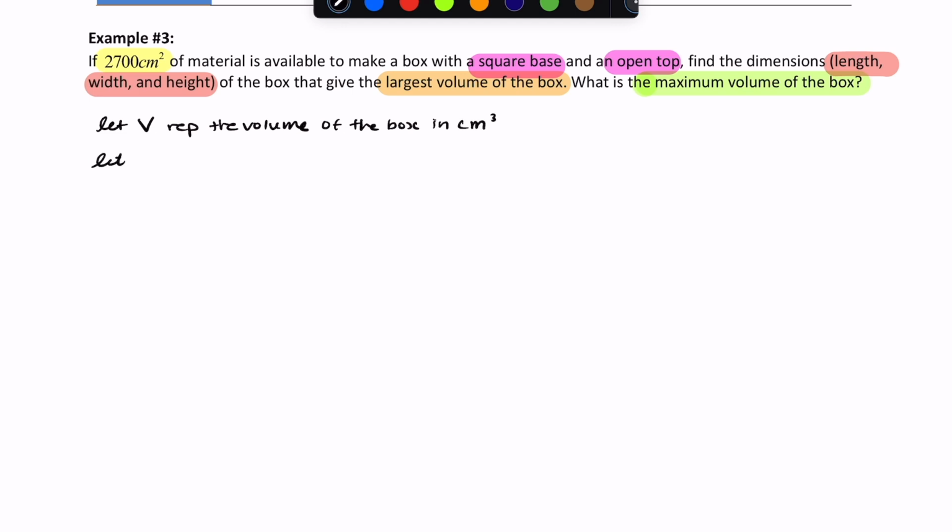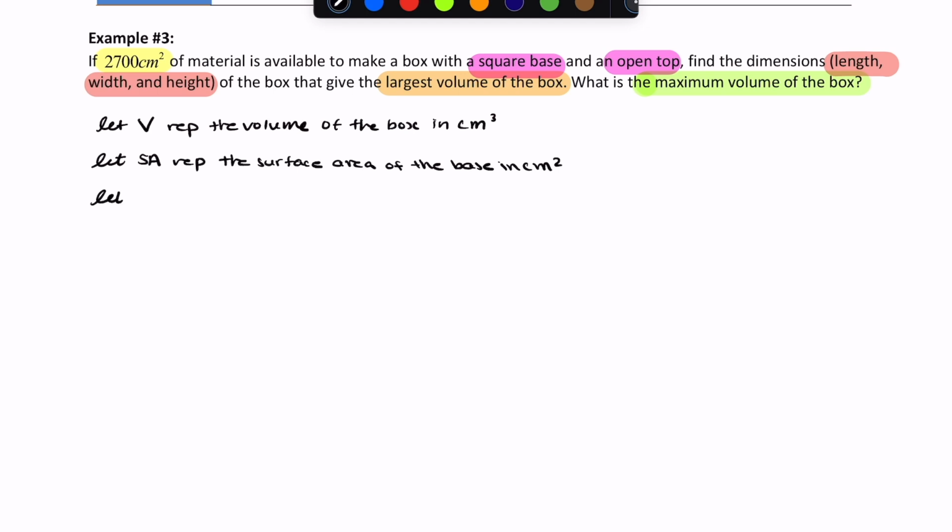We'll let surface area, or SA, represent the surface area of the base in centimeters squared.